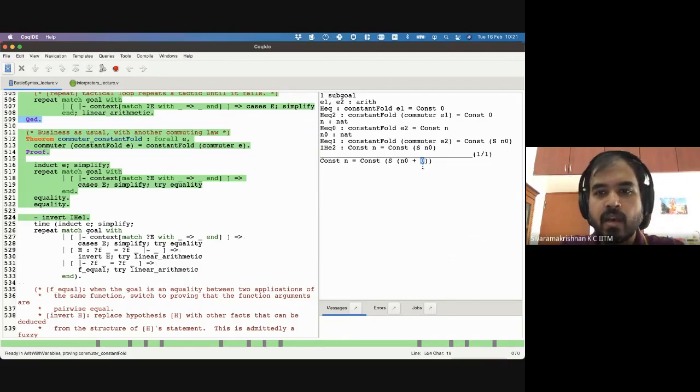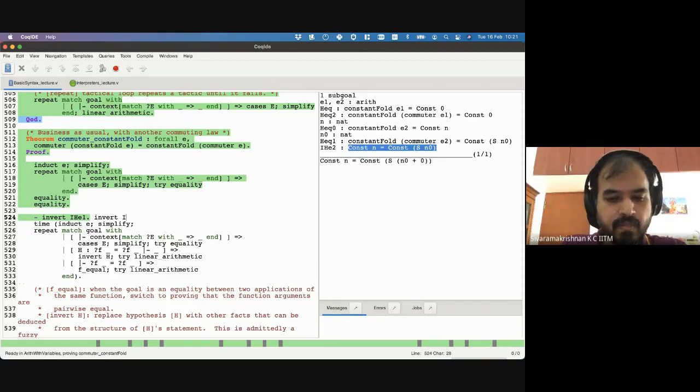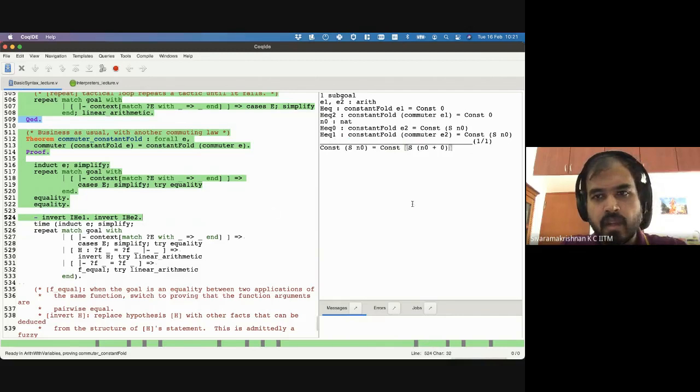Okay, I applied invert on that. That went through. Here is also one fact. We need to also use this. We need to learn the fact that given these two are equal, it must be the case that n equals s of n0. So let's also invert IHE2. Now we can see that s of n0 equals const of s of n0 plus 0, right?